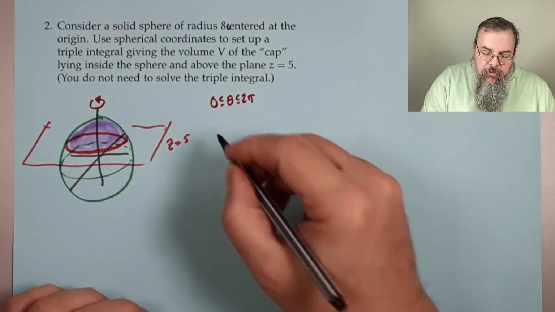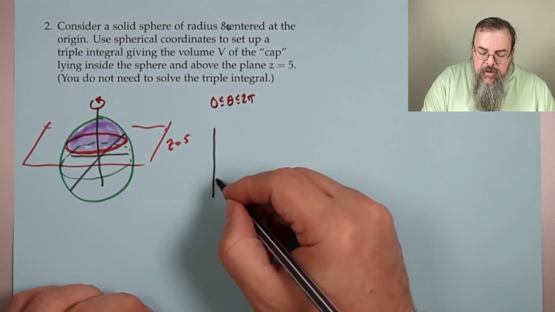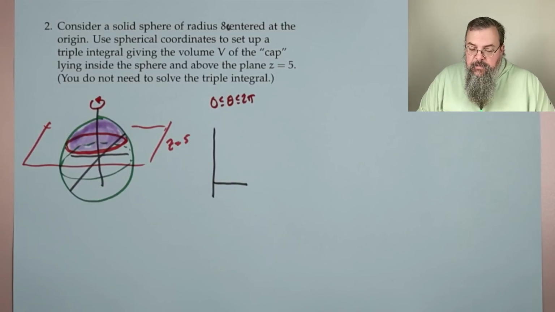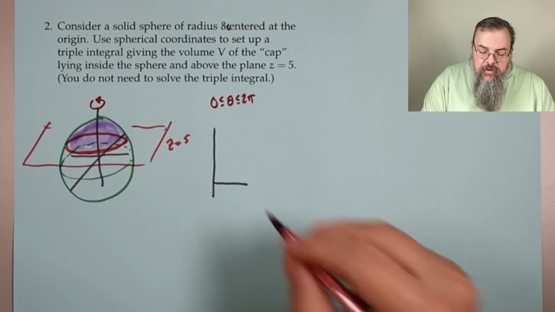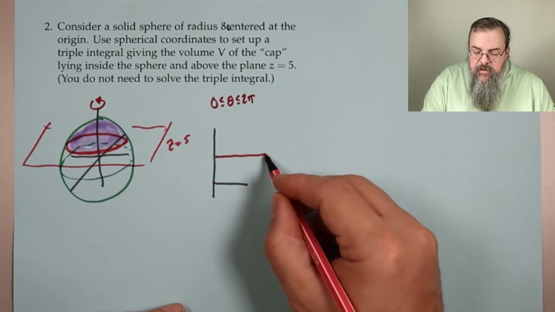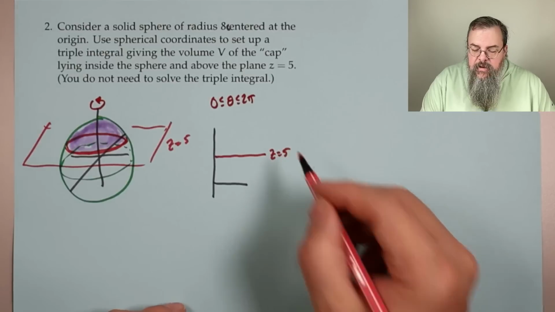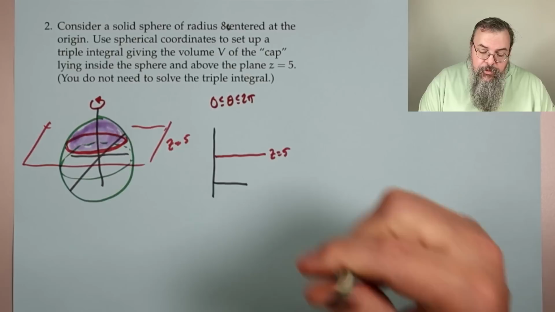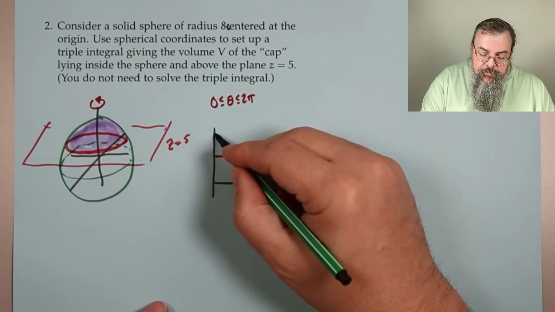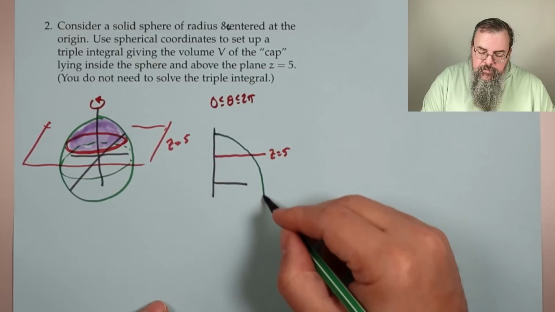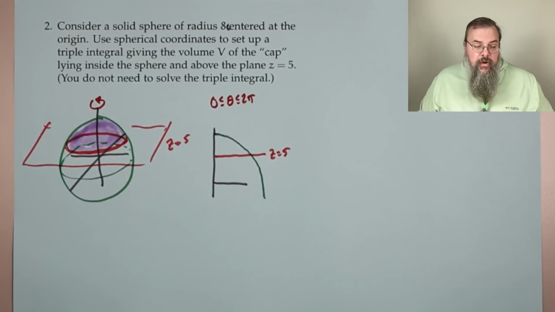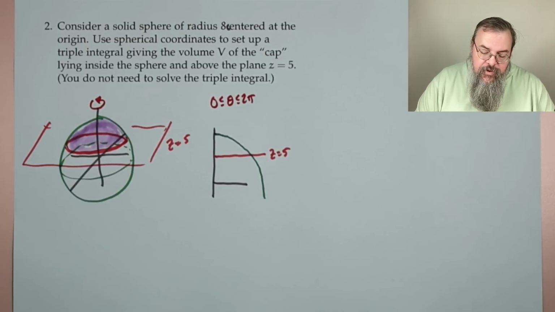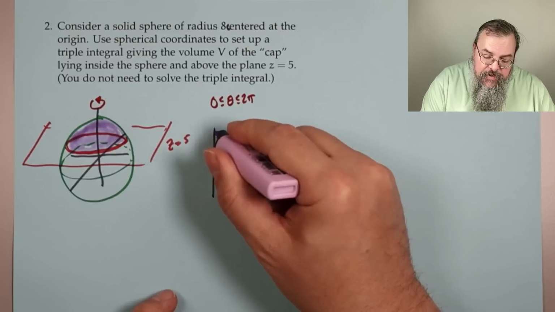We're going to see our z equals 5, which looks like a line, and then our sphere, which will look like a circle. So our three-dimensional solid, which now looks more two-dimensional, is this lovely shape.